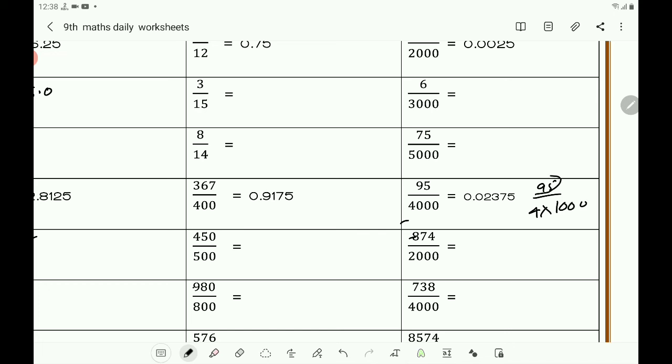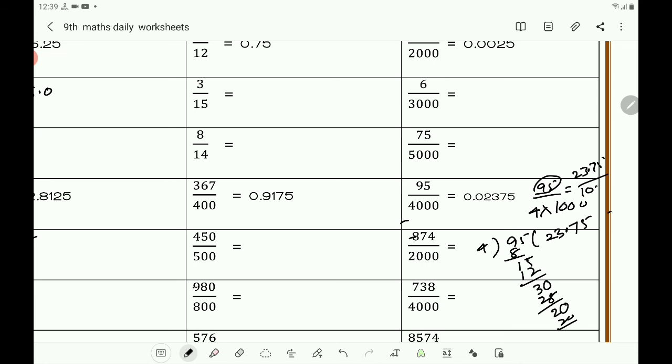First you can divide 95 by 4. 95 is divided by 4. 4 2s are 8, 1, 5. 4 3s are 12, 3 is remaining. So 3 is smaller, take 0 and put point here. 4 7s are 28, 2. Then you take 0 and 5s are 20. You got 23.75.